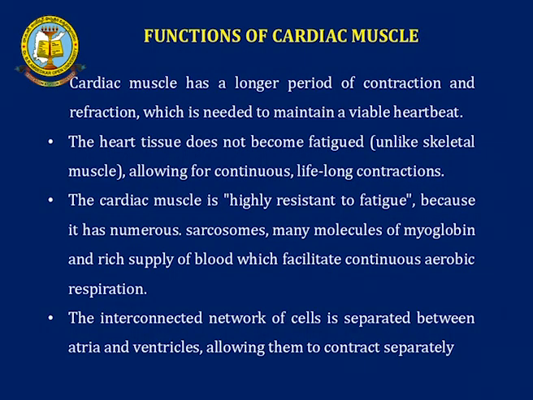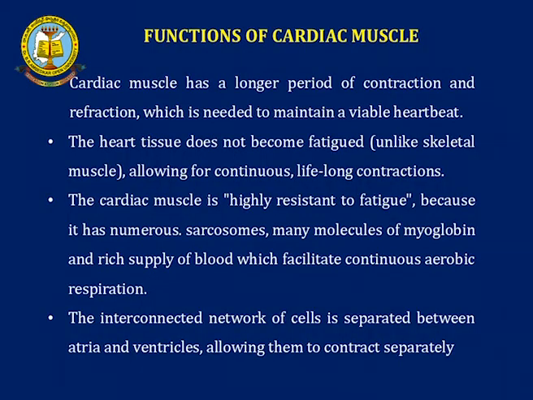The heart tissue does not become fatigued, because if it gets tired, then there is no heartbeat, and that means there is no life. The heart works 24/7 to keep the living being alive. It will not get exhausted, and goes on with continuous contractions and relaxations for a lifetime.